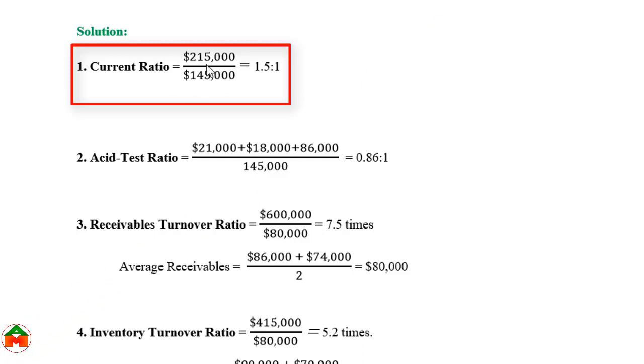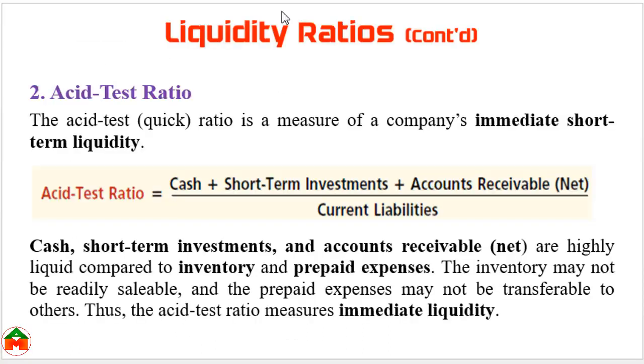If we divide this, the ratio is 1.5:1. That means the current assets are 1.5 times, considering the current liabilities as 1. So this is the current ratio.